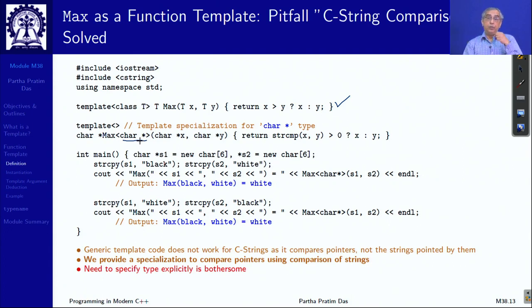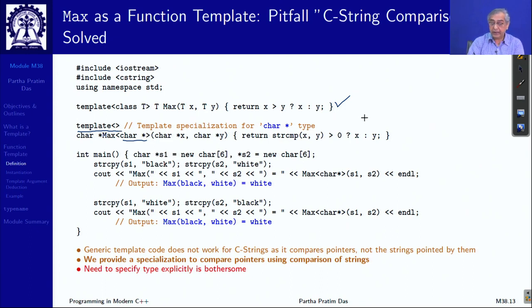Now, you will say that how can I have a template, because there is only one parameter T. So, if I say that the parameter is char star, then everything in the code must be known. Yes, it is. So, it is not necessary that a template must have a type parameter. I can have a template without a parameter also.